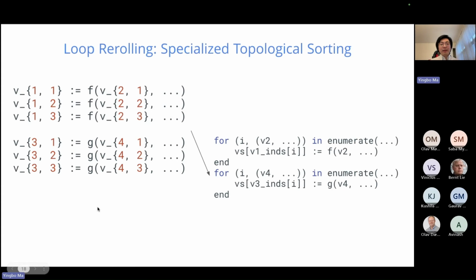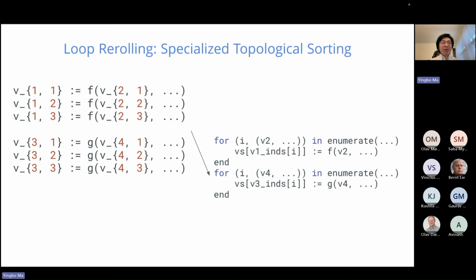And just getting the equation classes and the variable classes information is not enough for loop rerolling, because in acausal modeling compilers, in the last stage of the compilation step, we need to order all the equations in a way that can be evaluated by the computer, right?